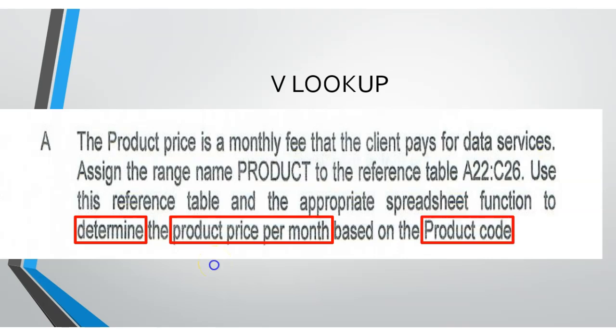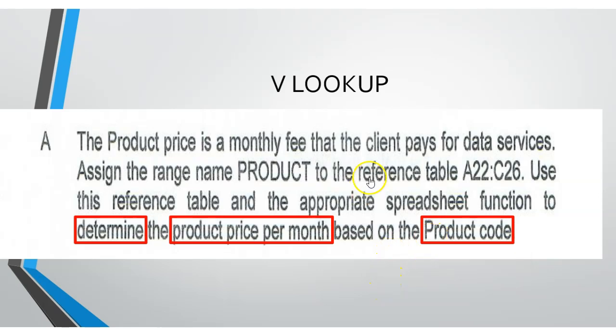It is based on the product code. So these are the three things that we need to focus on. What is the first thing? The first thing is, what table are we using? Where are the headings? The second thing is, what must be determined? The product price needs to be determined. And the third thing, what is it based on? Those are our three key things when we do these calculations.